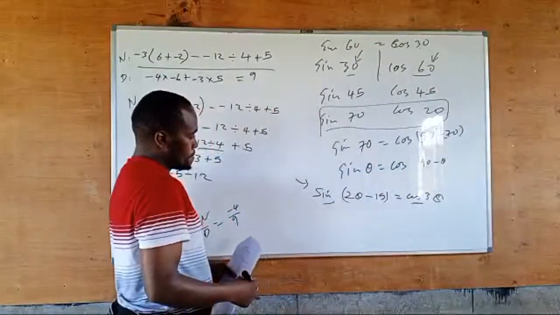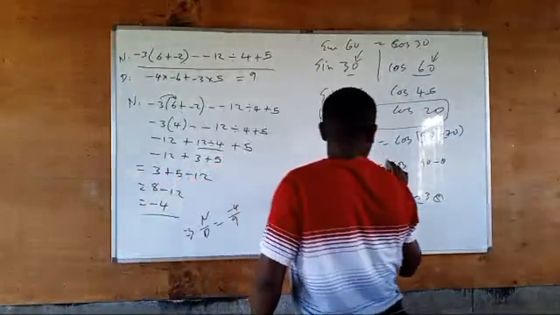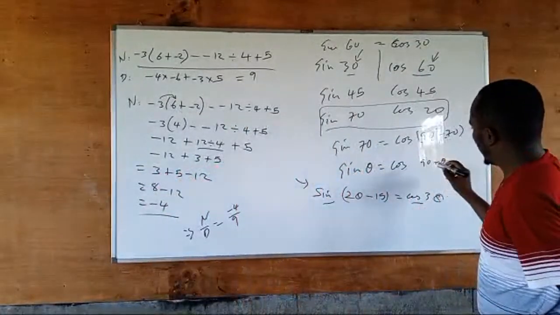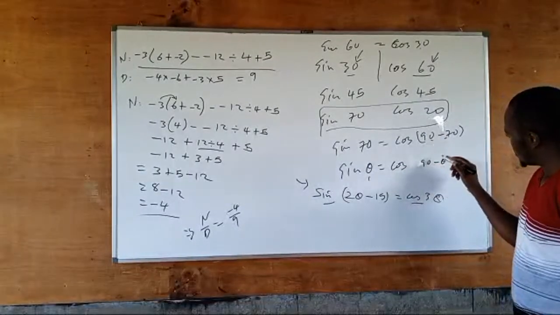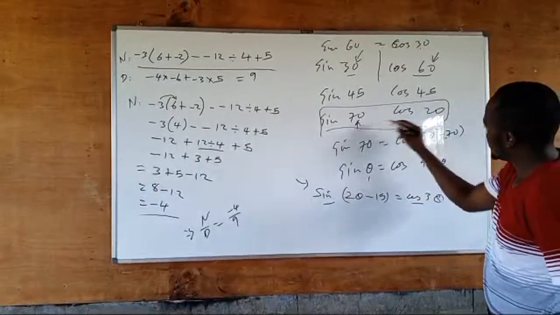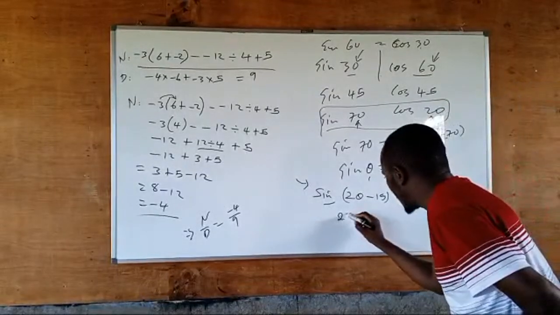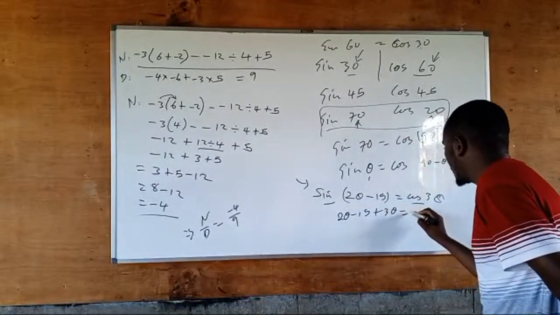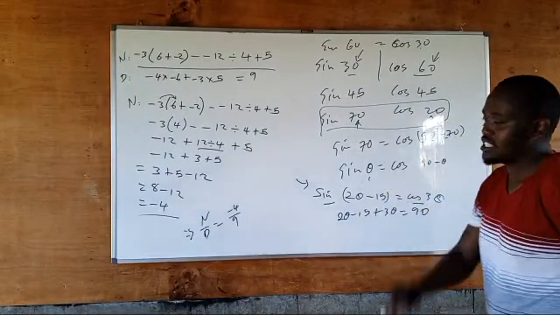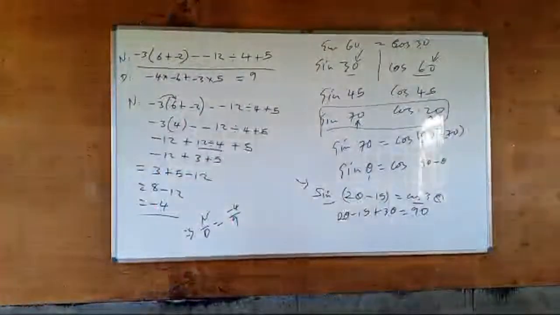So this plus this gives you 90. So 2 theta minus 15 plus 3 theta should give you 90. Then find theta. Equal to 2 marks.